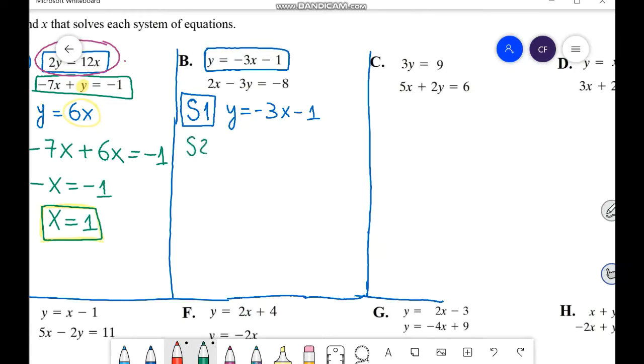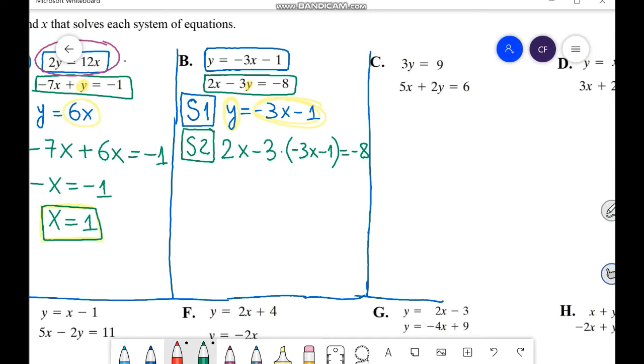Step number 2: we take the second equation and substitute wherever we find y with the expression negative 3x minus 1. So equation 2 becomes 2x minus 3 times (negative 3x minus 1) equals negative 8.